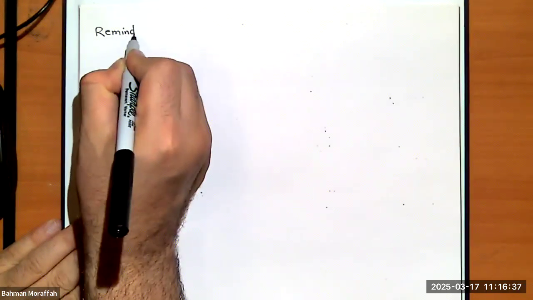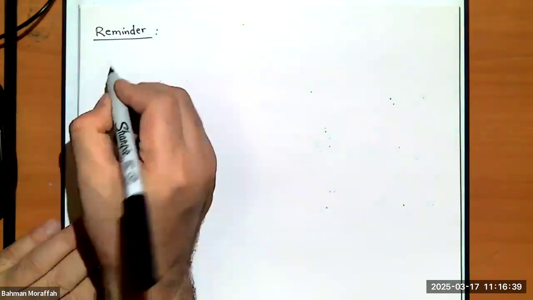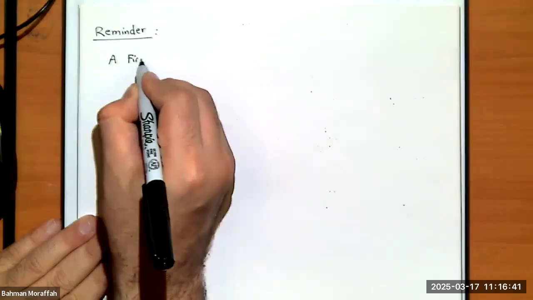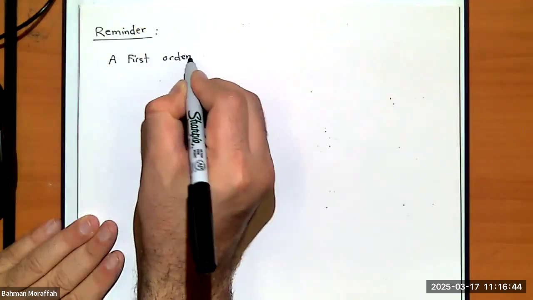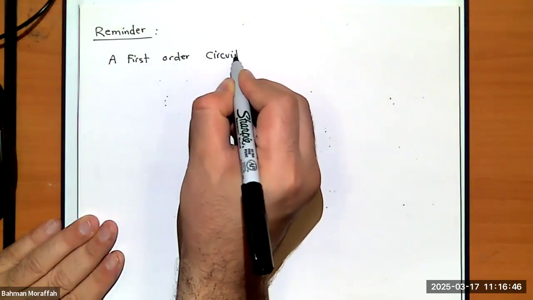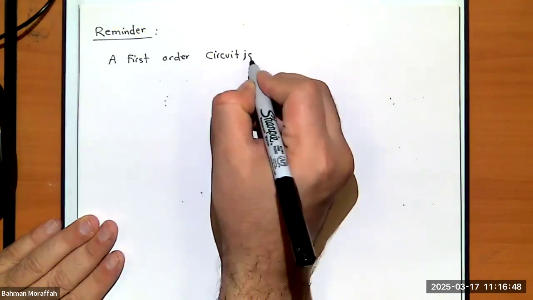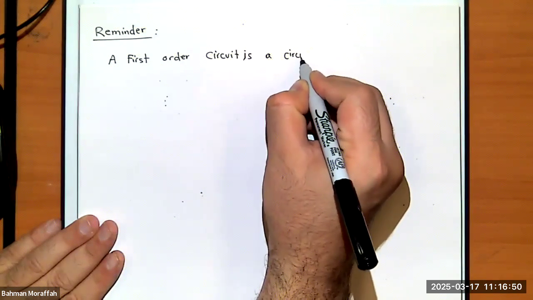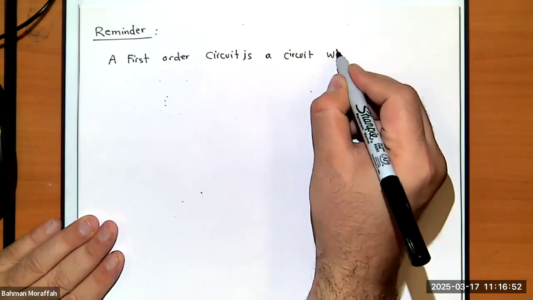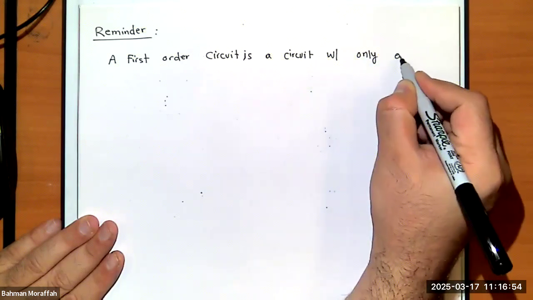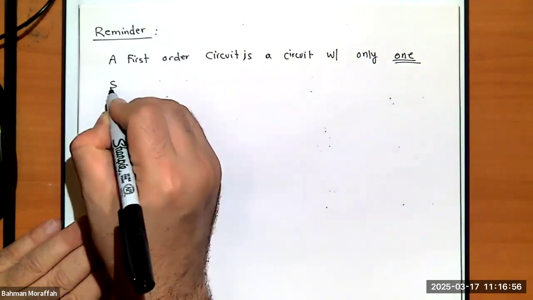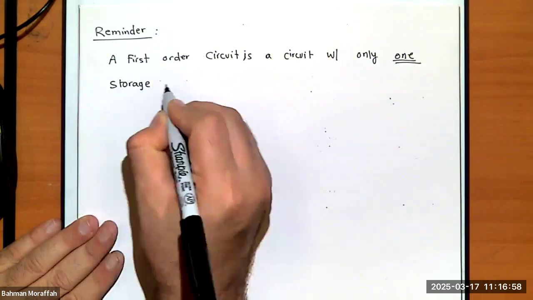Reminder. A first order circuit is a circuit with only one storage element.